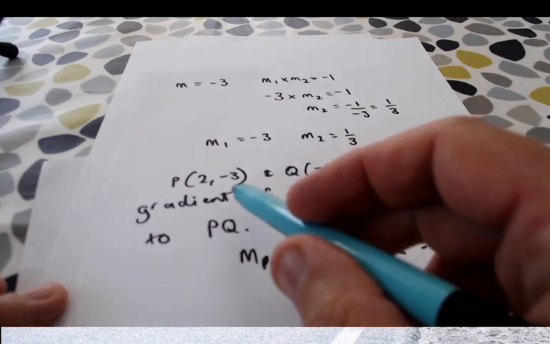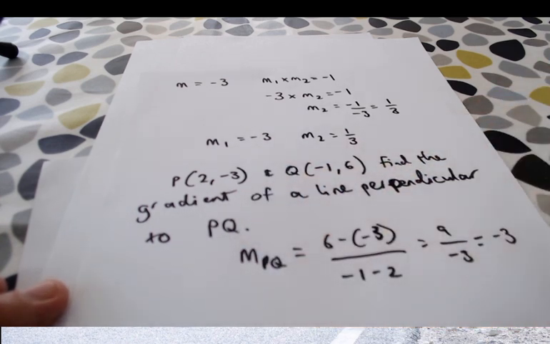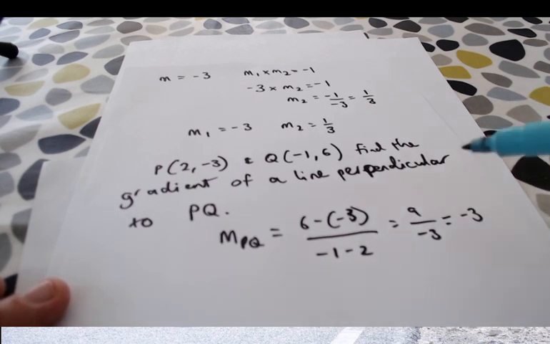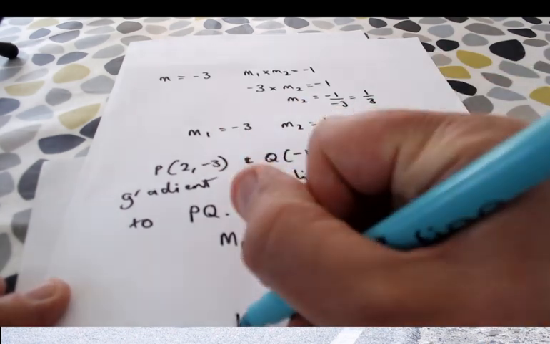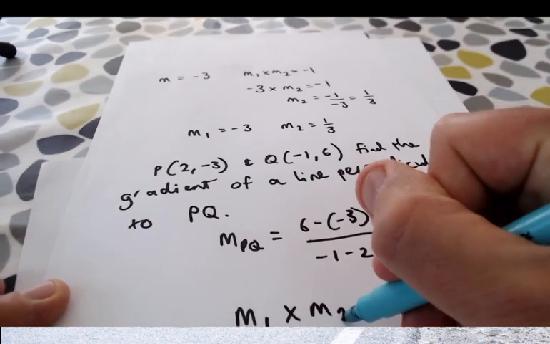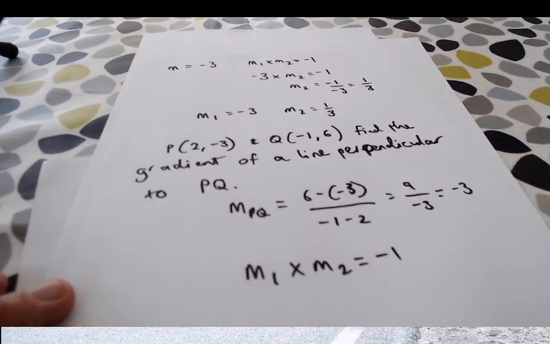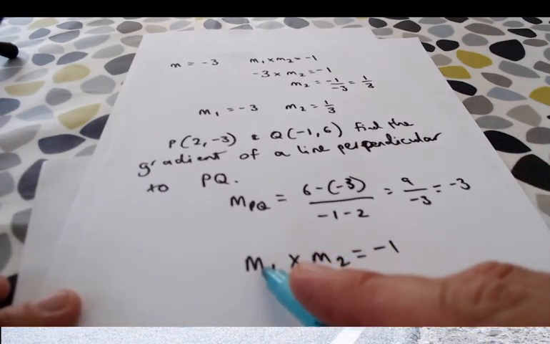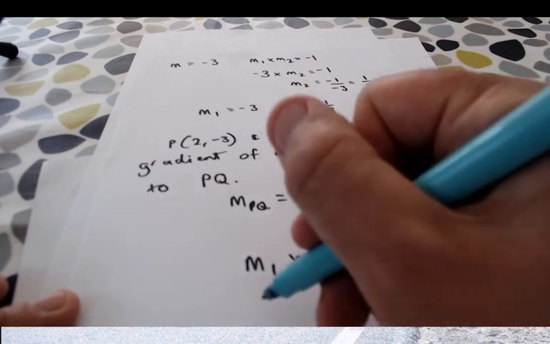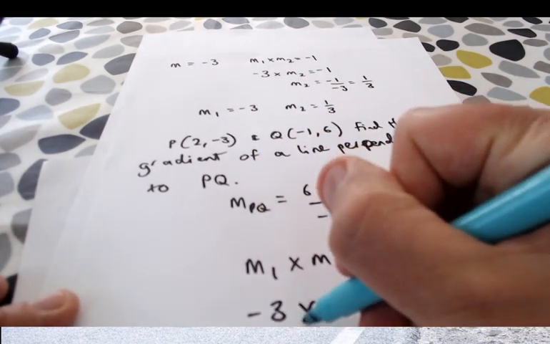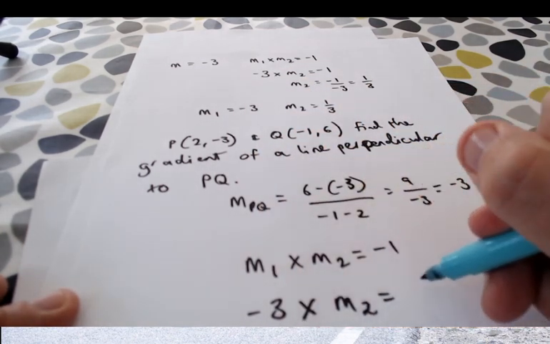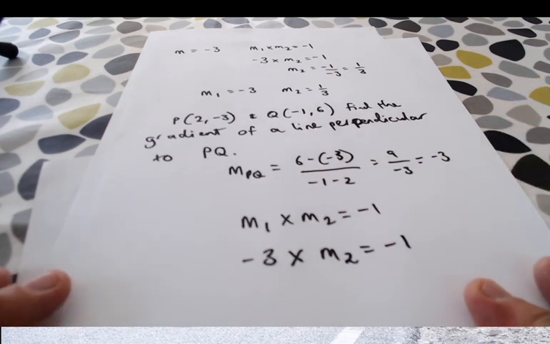I want the gradient of a line perpendicular to this. Okay, well if I know that the gradient's minus 3, I know my little relationship about perpendicular lines, their gradients multiply to make minus 1. So I'm going to put minus 3 in there, and it actually works out to be the same as what we just did a minute ago.